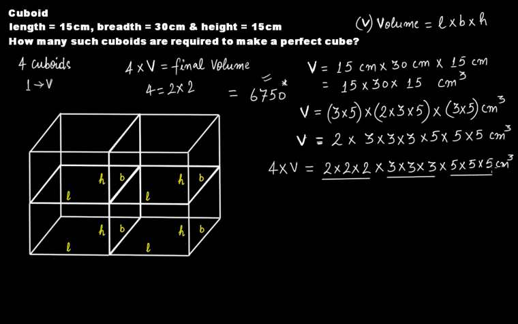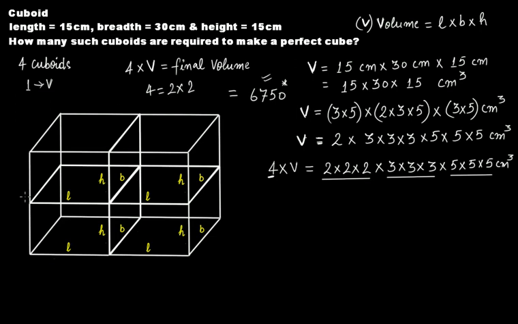So basically what you have done is increase this volume 4 times, right? And that's what we have done here, 4 times volume. It means that this 4 tells you the number of cuboids required to form a perfect cube.